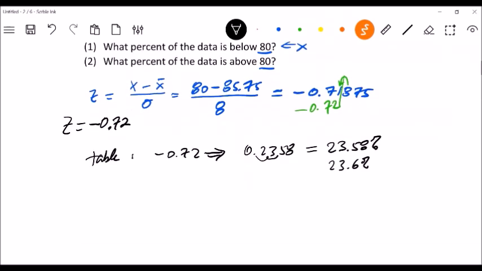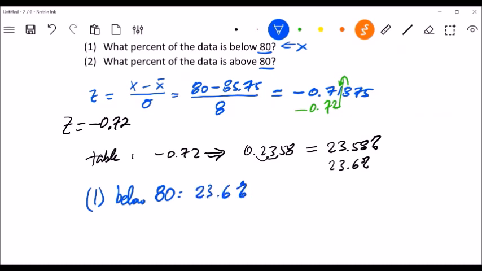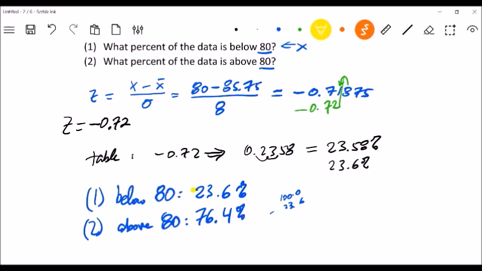So what we would say is 1, below 80 is 23.6%, and 2, above 80, well, that will be the difference from 100. So over here, I'll calculate 100 minus 23.6, which is exactly 76.4%. And those are our two answers then, for 1 and 2.